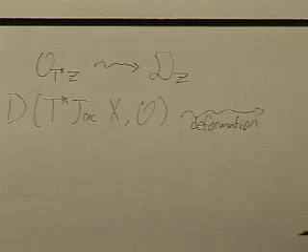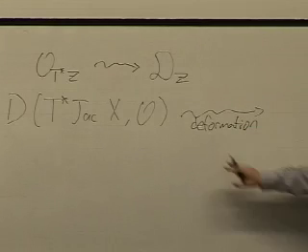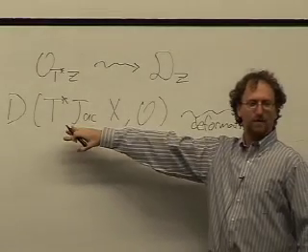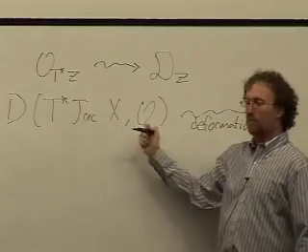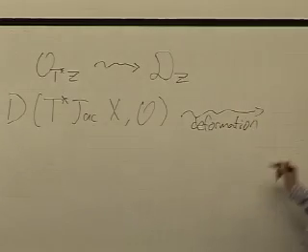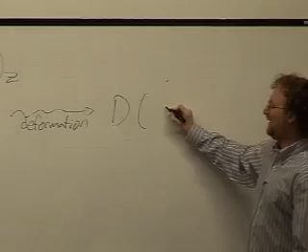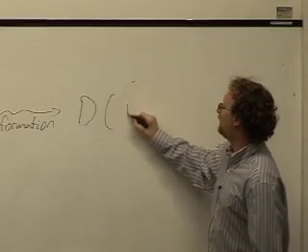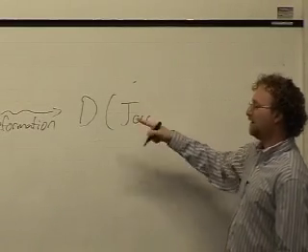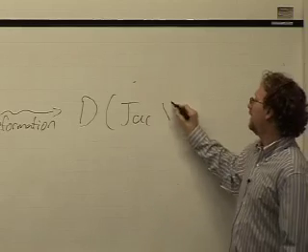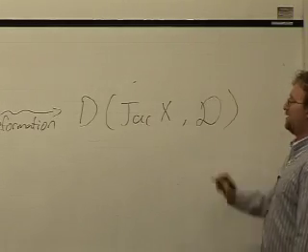And where does that go? Well, instead of looking at O modules on T star of the Jacobian, we'll look at modules for the deformed ring, which is the ring of differential operators. So this is some notation that didn't make it to yesterday. We're going to look not at T star of the Jacobian, but the Jacobian itself. We look at D modules there.